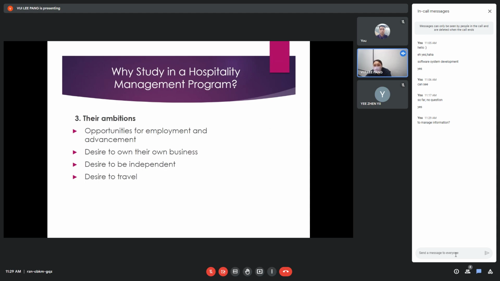To manage information. They need to ensure that the personal data, the confidentiality, is protected. Manage information. What else? Like check in, check out, you have to ensure all the systems work and are up to date. Yes? Yes.